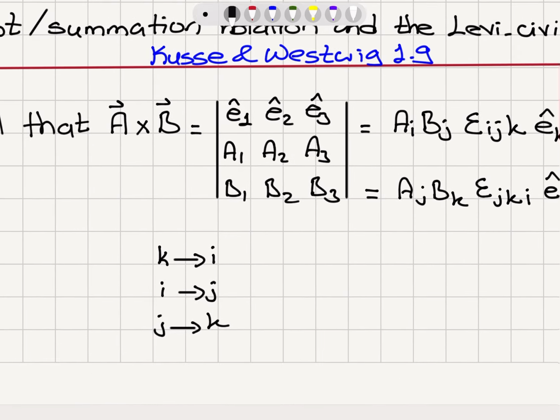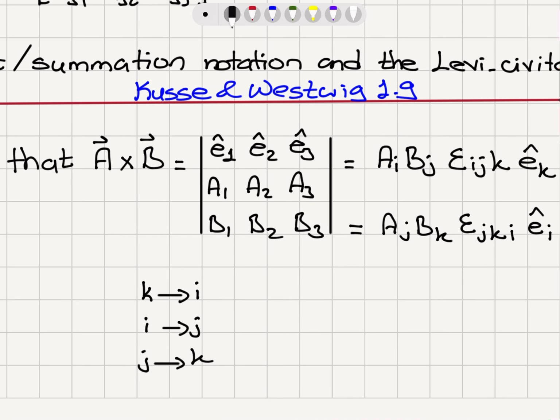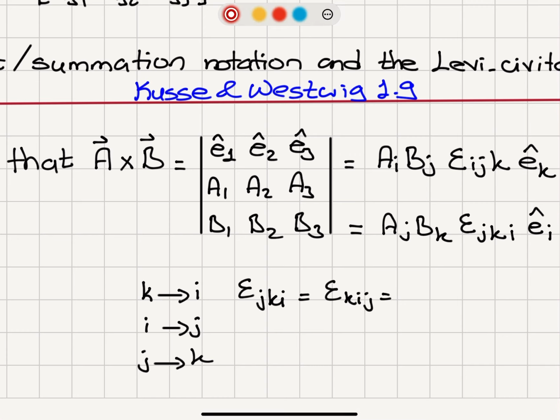Now I recall that using my cyclic permutations, epsilon jki is equal to epsilon kij, which is equal to epsilon ijk.